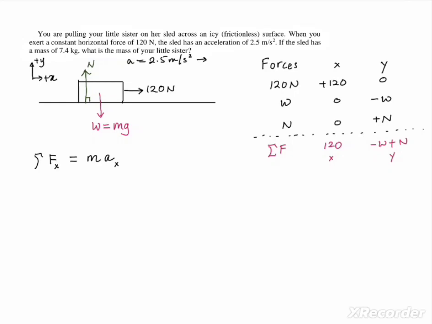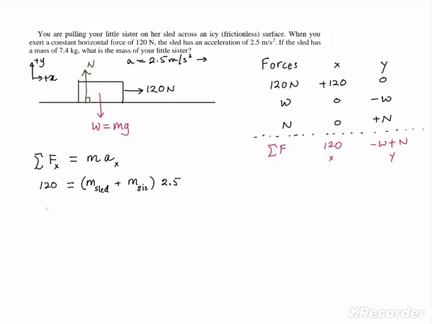This would be the sum. So all of x right here is 120 is what we have. And as for the mass, we have mass of the sled, and we also have mass of the sister. And then acceleration is 2.5 in the x direction. So mass of the sled is 7.4 kilograms.